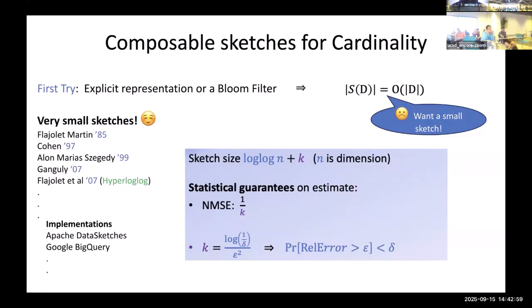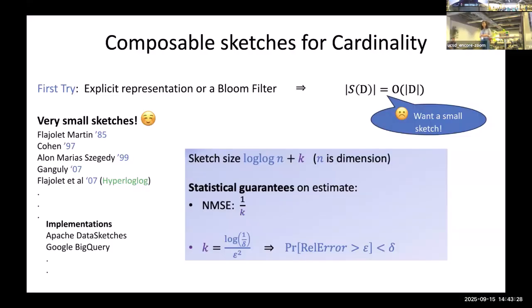Now let's go back to our main problem. We have the cardinality estimation problem at hand, and we want composable sketches. An explicit representation of the data doesn't exactly work, since we would have the same order as our data, but there has been a long line of research on this, and there are very efficient sketches that also have efficient implementations.